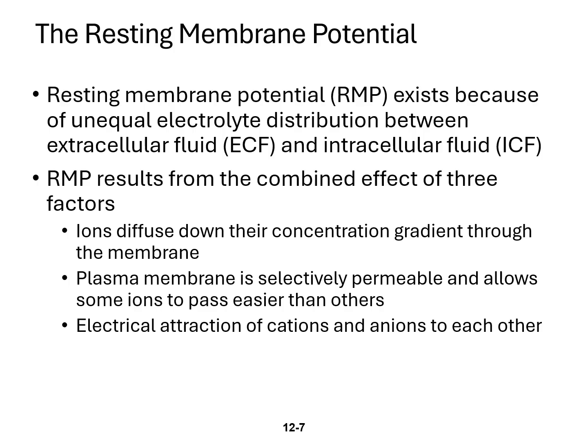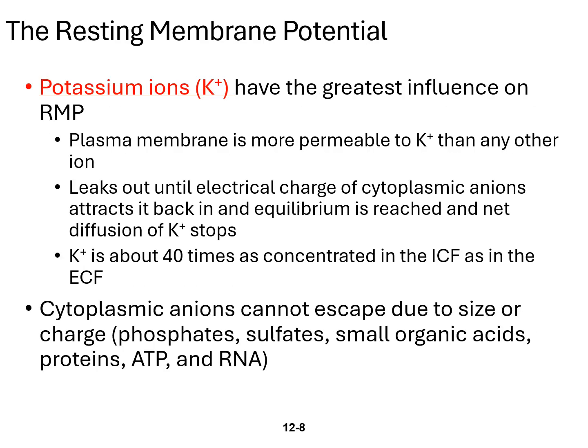So how does the body make a resting membrane potential? Potassium ions, greatest influence on resting membrane potential. Write that down and memorize it. Potassium, the plasma membrane is more permeable to potassium than any other ion.